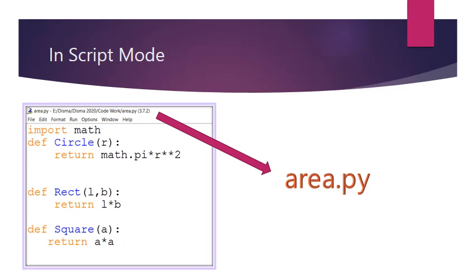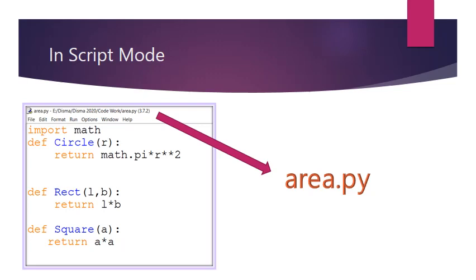Circle is going to return the area of a circle. It will be calculated according to the r value which you are going to supply. For calculating the area of a circle, we know that the equation is pi r square. For that, we want to use the value of pi. Writing the value of pi may be difficult for some programmers, so you can use the math module to import the value of pi to your program.